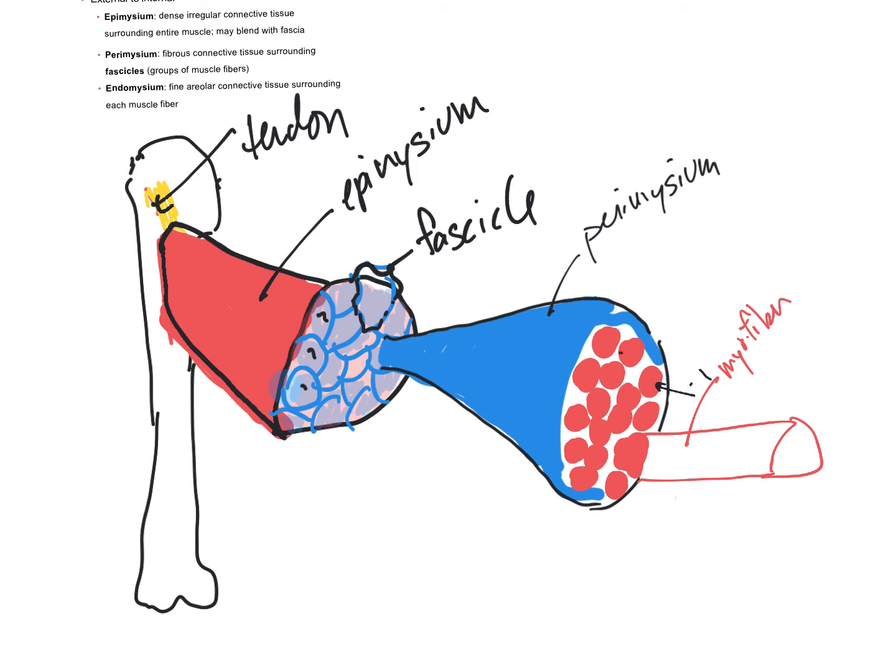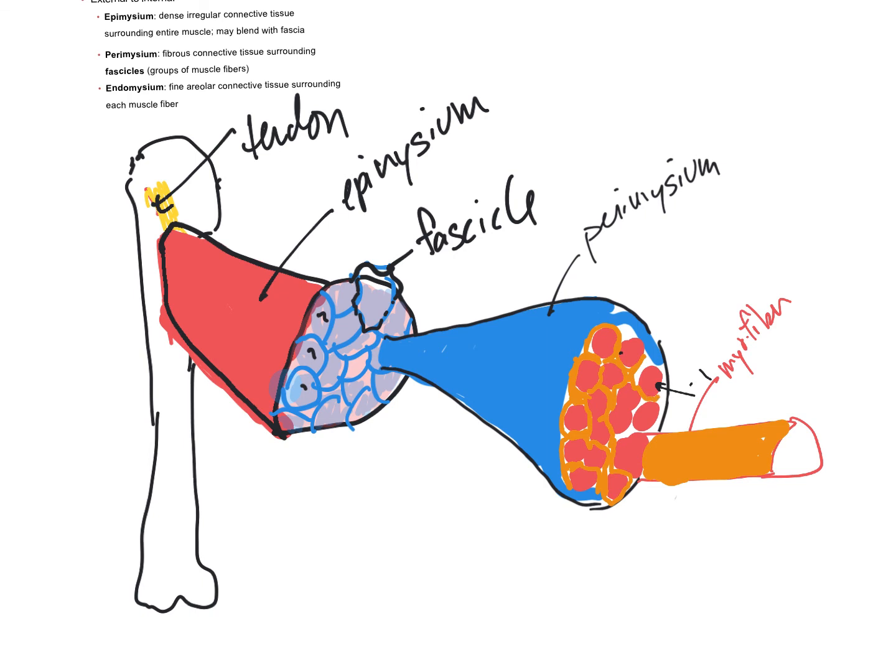The myofibers are covered by another, the most internal connective tissue lining, which covers all of this, and is kind of in between. Guys, see this?